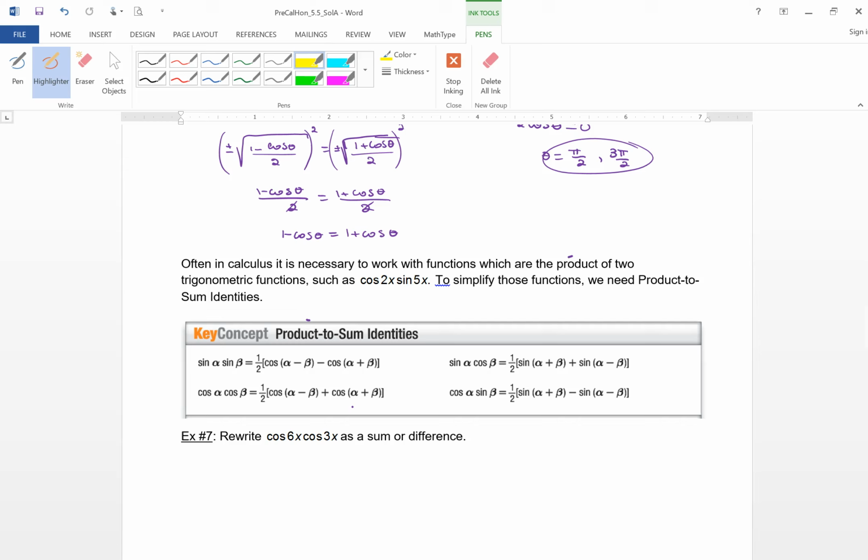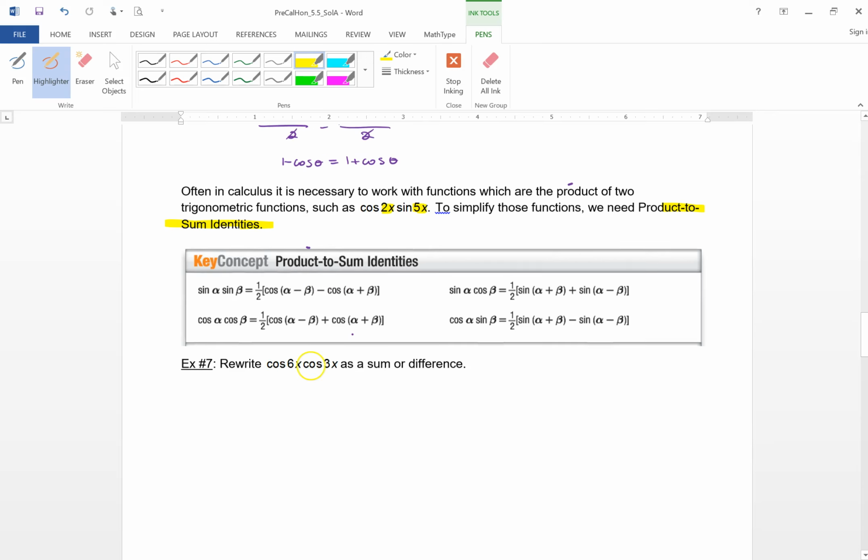So for example, here you have cosine times sine, but the problem is that it's not cosine 2x, sine 2x. They're different angles, and you can't do anything with that. To simplify those functions, what we have are product to sum identities. So literally what this does is take a product and expand it to a sum.